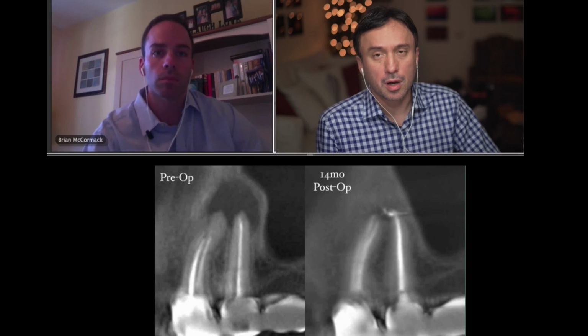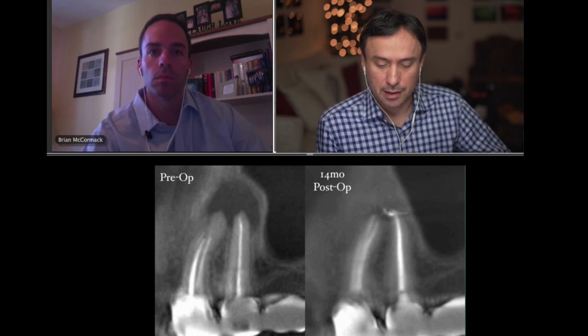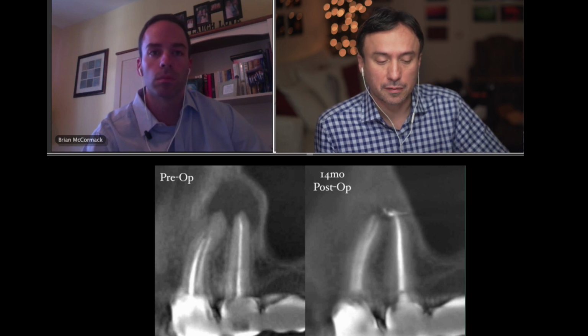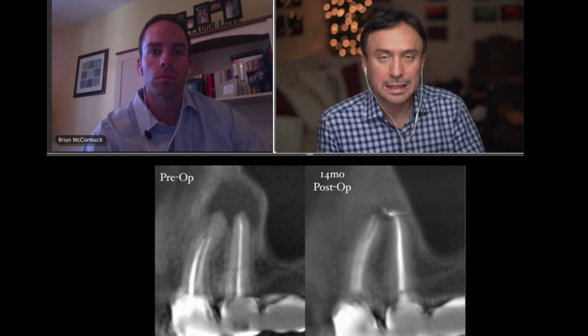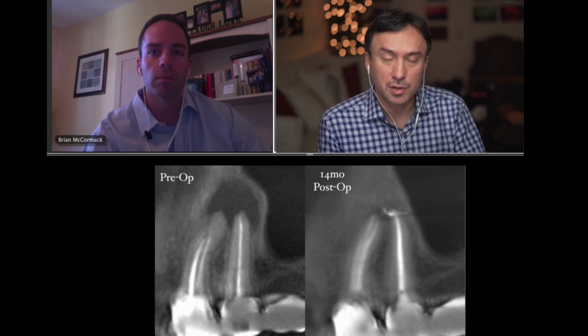No, that's absolutely true. I mean, even the best skills are no guarantee that you're going to get complete healing, as some of these, at least as we said, 10% of these lesions are independent entities. But redoing the root canal completely will still give you the best chance of getting away with it 90% of the time.